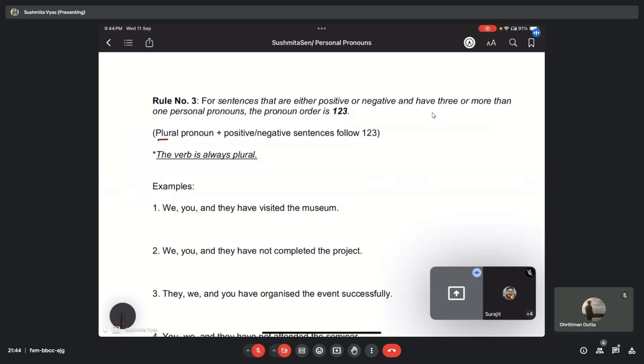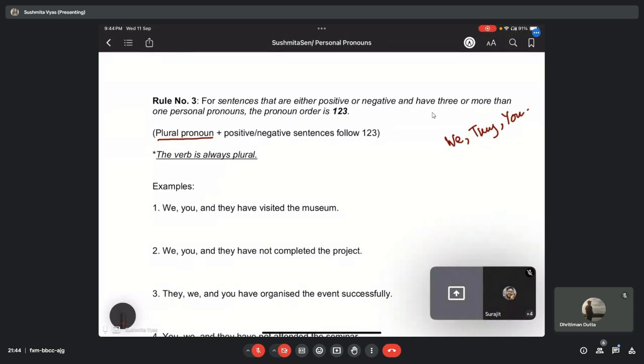What is in rule number three? Plural pronouns. So far we did singular pronouns, now we are moving on to plural pronouns. What comes in plural pronouns? We, they, you.